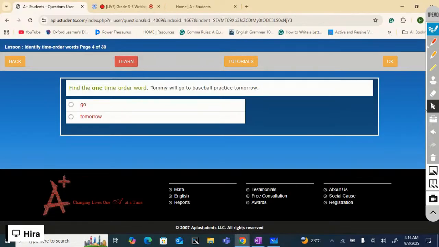So in this sentence, Tommy will, you can see tomorrow is the time order word which tells about future.